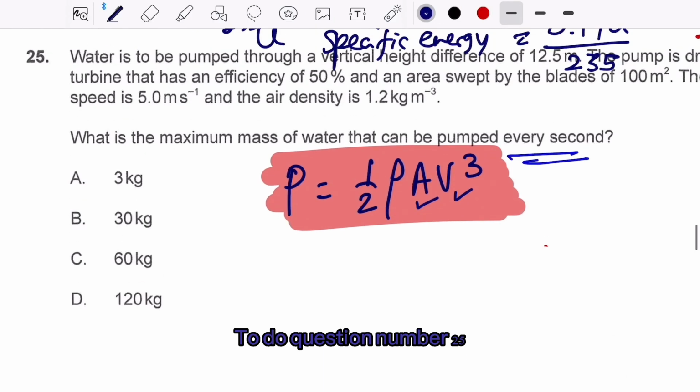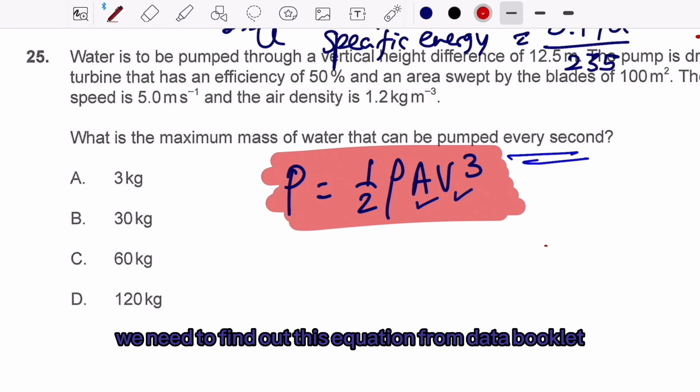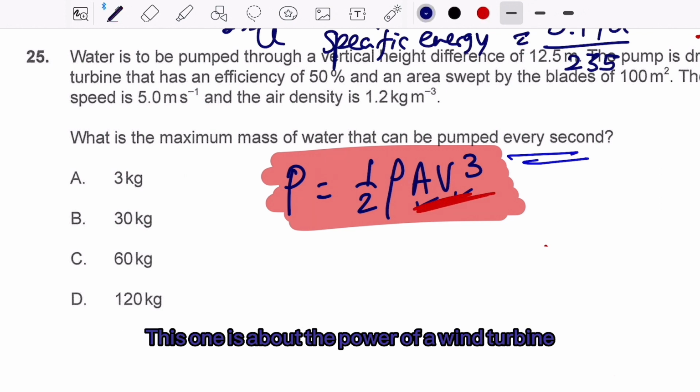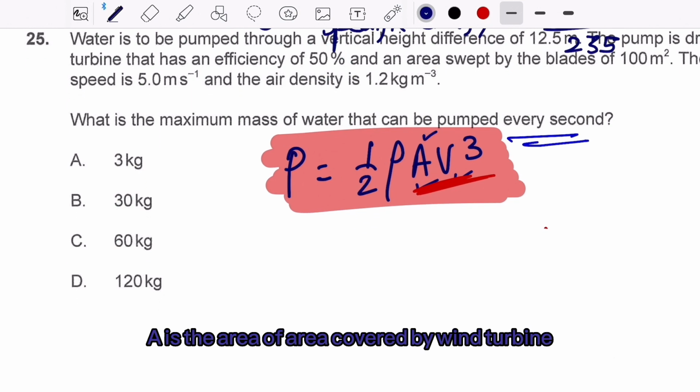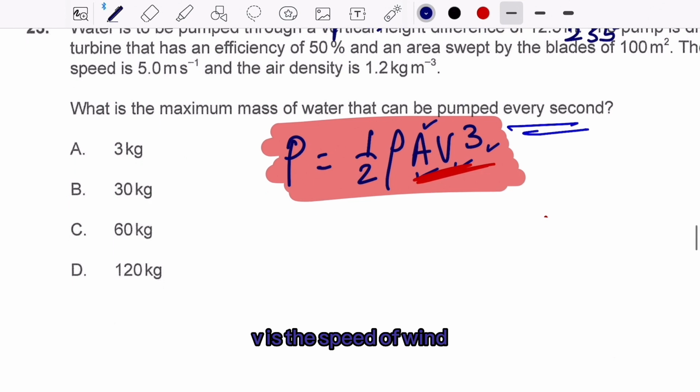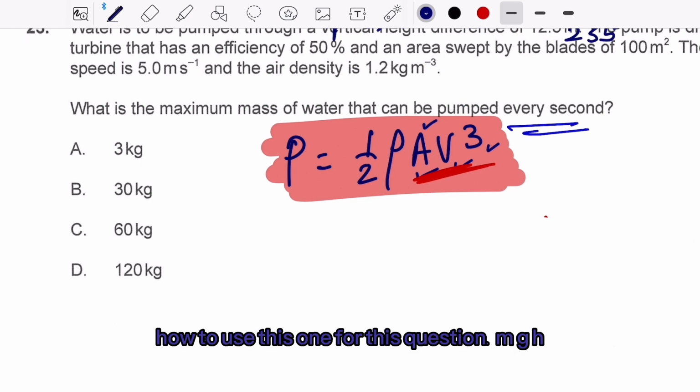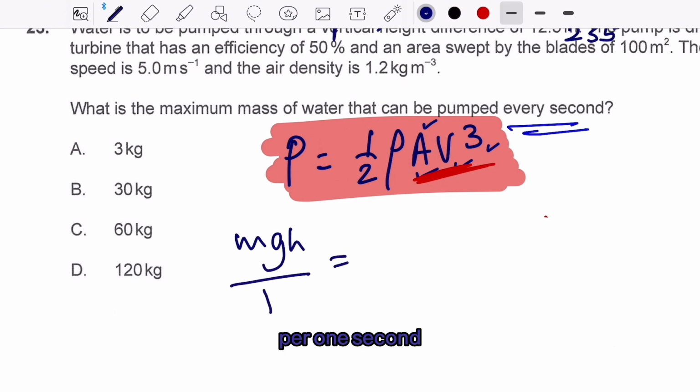To do question number 25, we need to find this equation from the data booklet. This one is about the power of a wind turbine. A is the area covered by the wind turbine, v is the speed of wind. Now let's think about how to use this for this question. mgh per 1 second, half rho A v cubed.